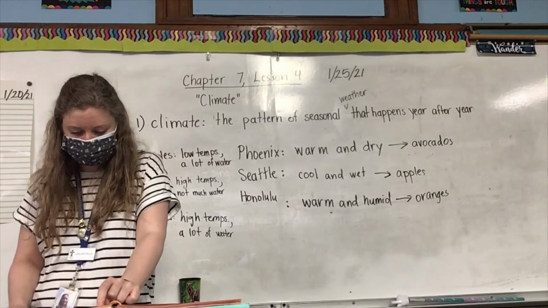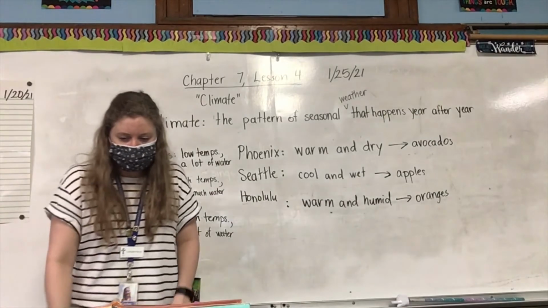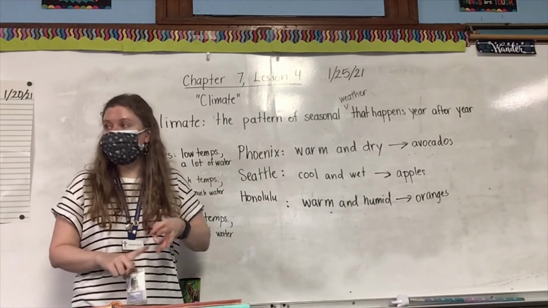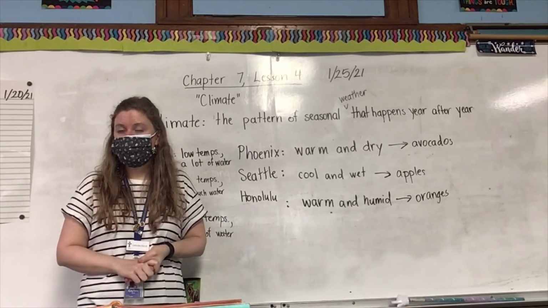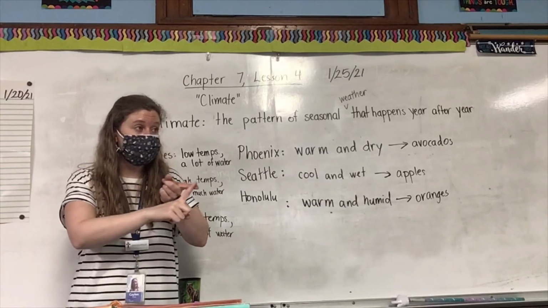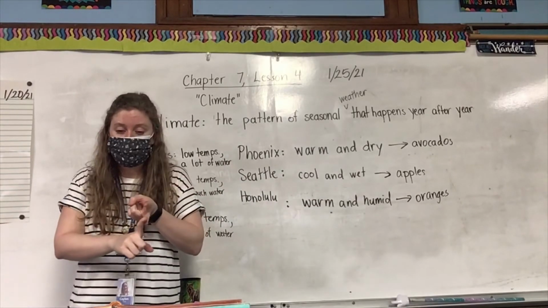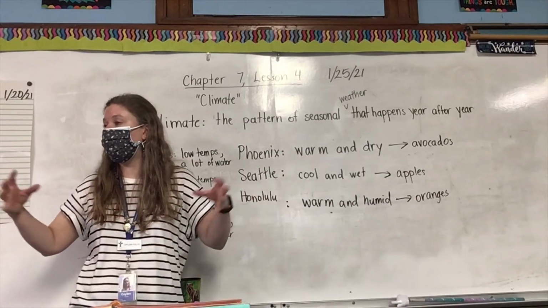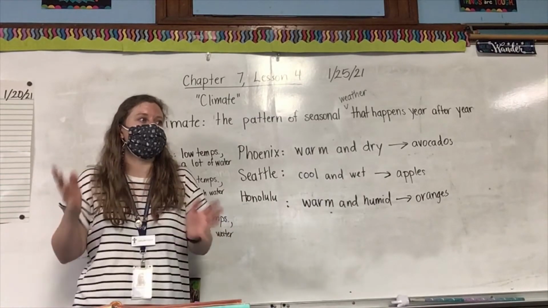We can call such an area a climate region. So climate includes temperature, humidity, precipitation, and wind. So if a very large area has similar temperatures, similar amounts of humidity and precipitation, and similar wind patterns, we can call it a climate region. That whole region has the same climate.